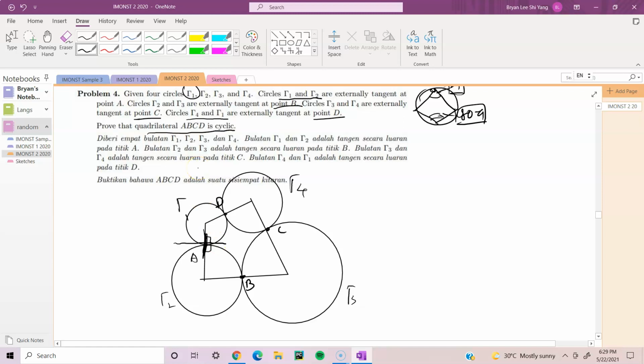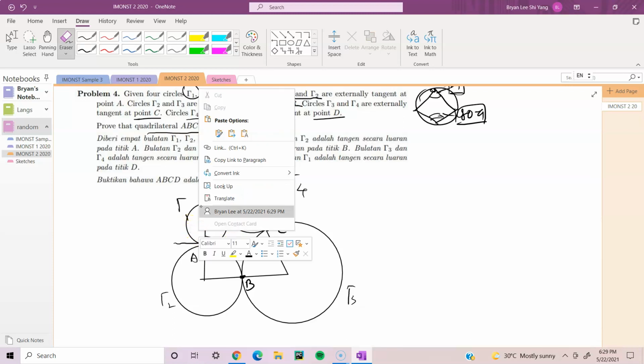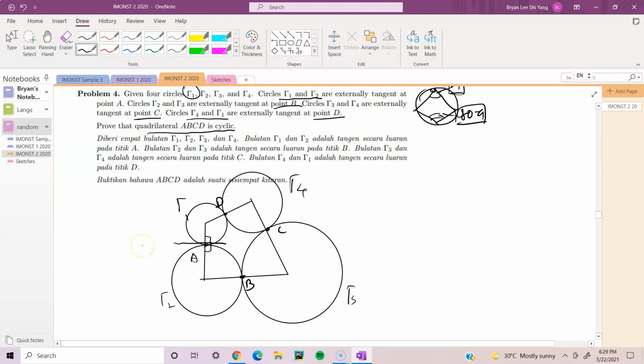So what we want to do is, let me erase a bit of things. Okay, just nice. Now let's link up the quadrilateral ABCD, and see if it really is cyclic as they say. Now, a new line over here. This is not really accurate, and I apologize for that.